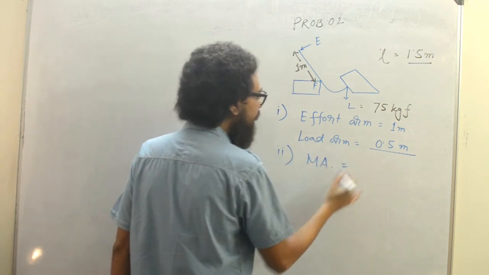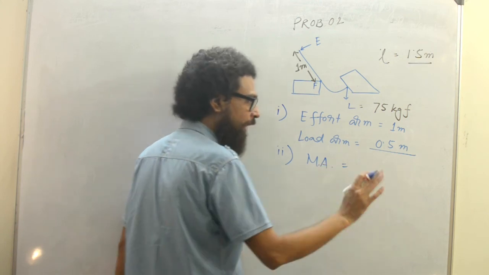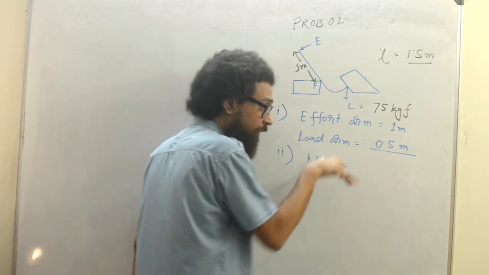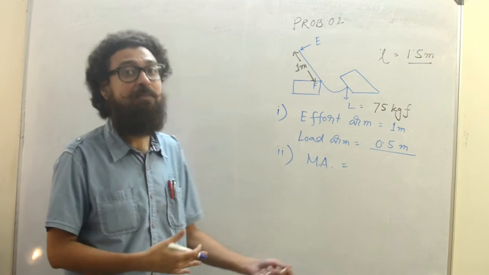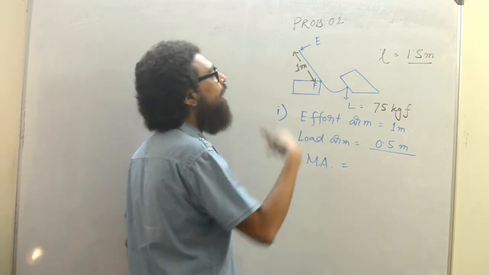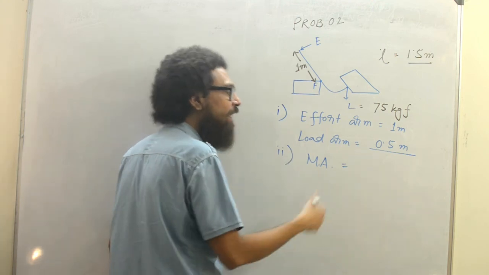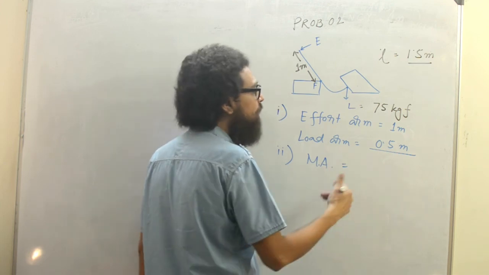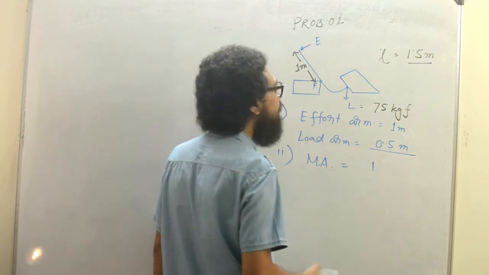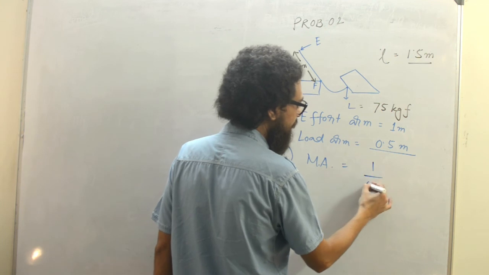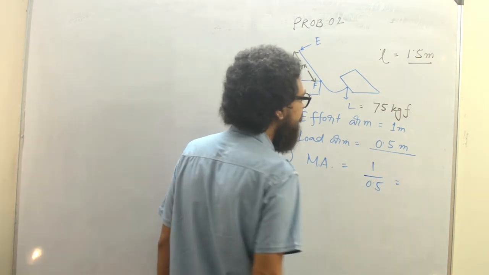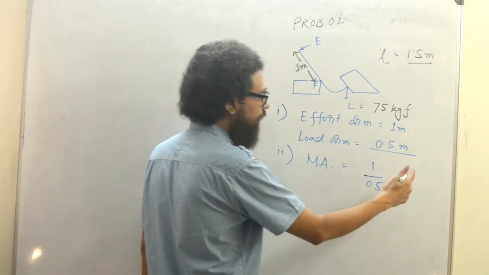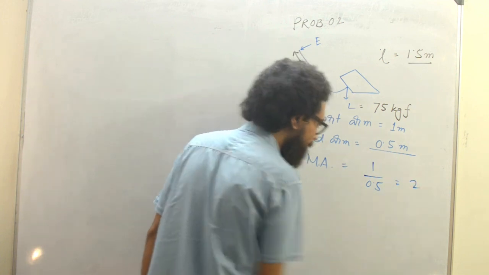Okay, next they have asked for the MA. So MA, I think now you can even have calculated by this time before I do it, because you are faster than me. Alright, so the mechanical advantage is effort arm by load arm. So effort arm is 1, and the load arm is 0.5, so you can understand it is equal to 2.